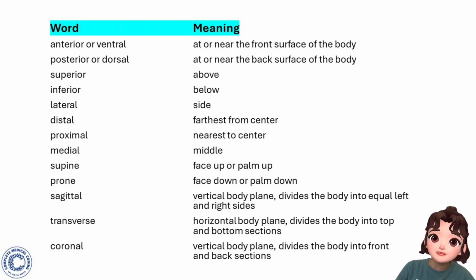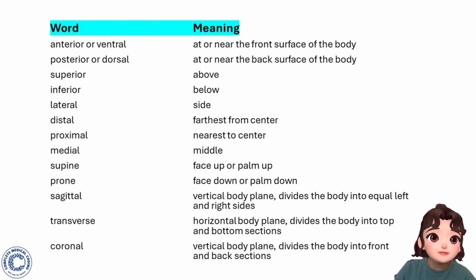That is transverse. Coronal means again a vertical body plane, which divides the body into front and back sections. That is coronal. The vertical body plane which divides left and right is sagittal.